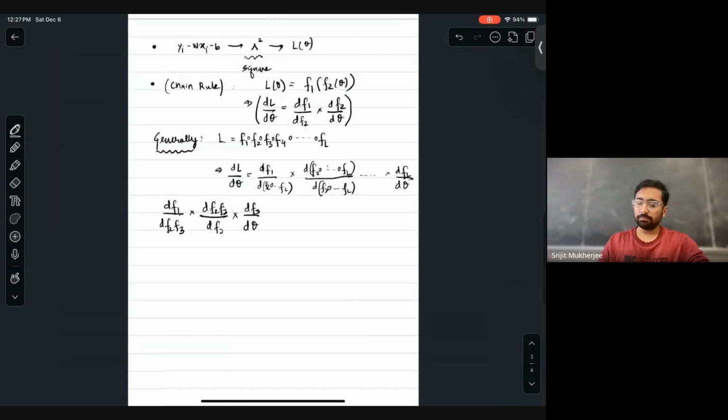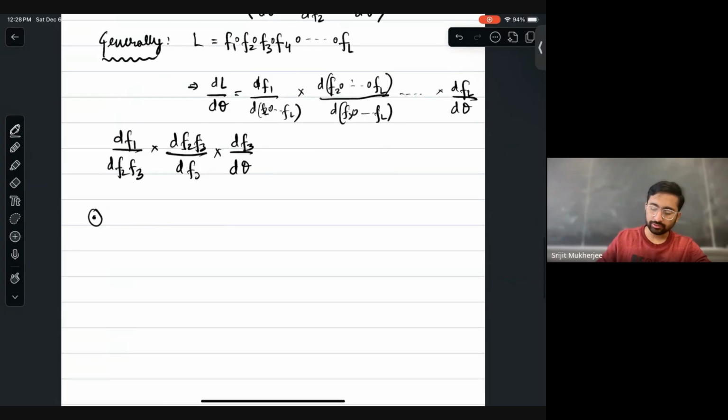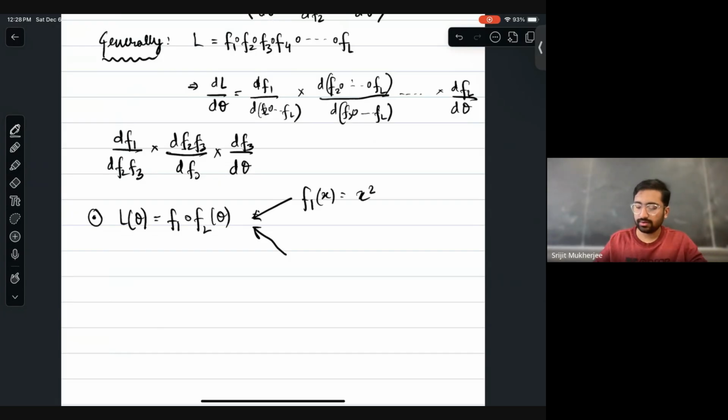Now let's take the example of the square. If you observe the loss in that case, we assume f1 composed with f2 of theta. f1 of x on the outside is the square, and f2 of theta is yi minus w xi minus b.